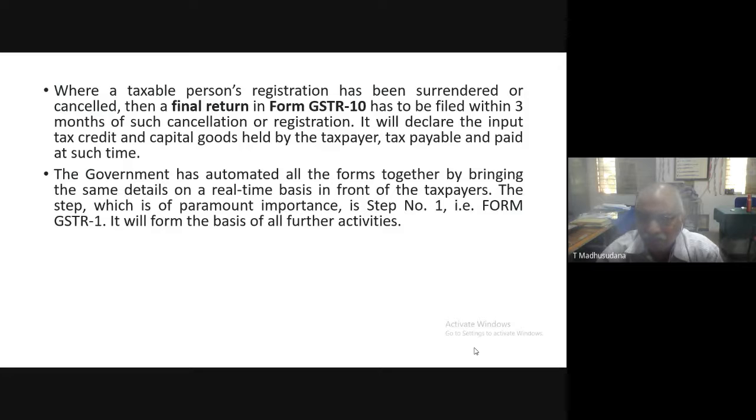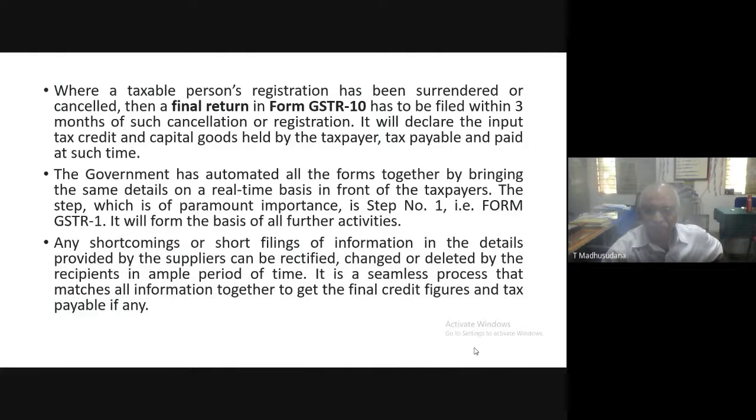The step which is of paramount importance is step 1, that is Form GSTR 1. It will form the basis of all further activities. So GSTR 1 is one of the important forms which is the base for all other forms.